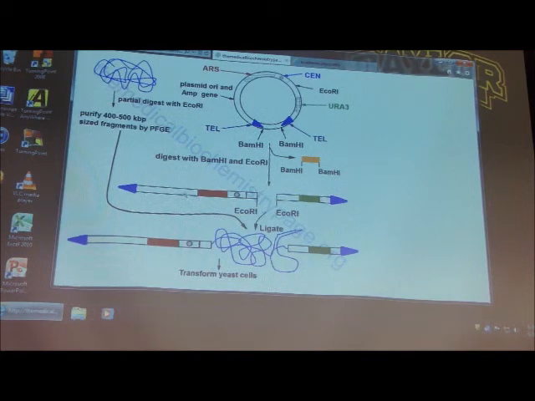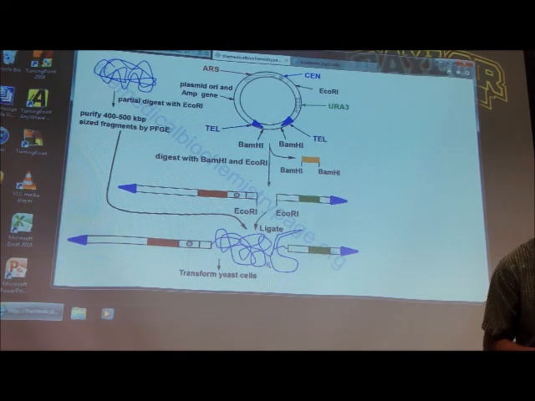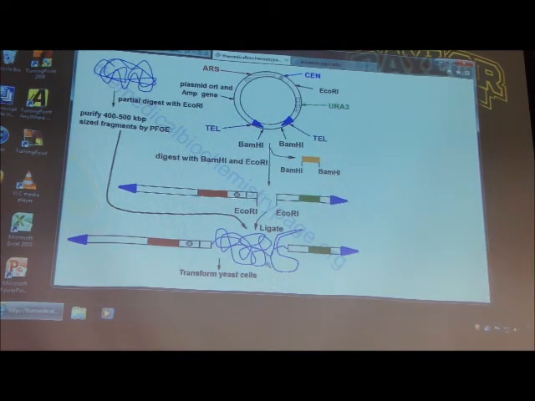Now we have the left arm of the chromosome and the right arm of the chromosome, and into this we put, let's say we have an entire genome which has been cut up with EcoRI, and we put these fragments into this slot, and now we have a library, a YAC library, and we have all these chromosomes.